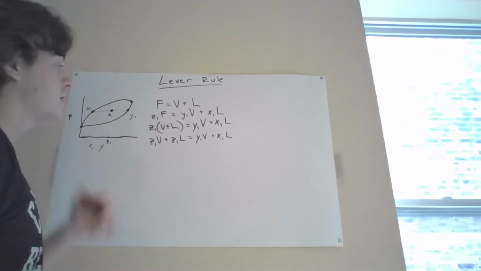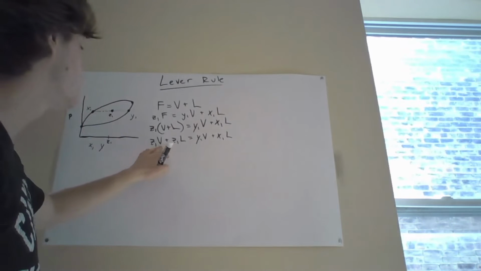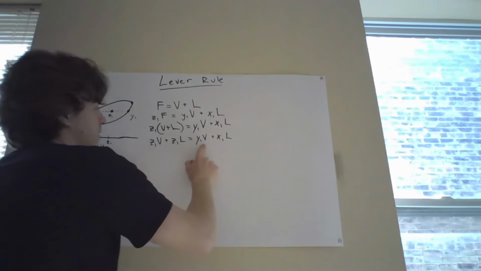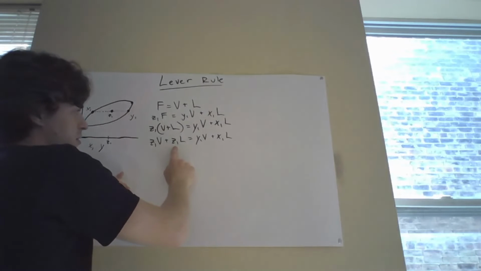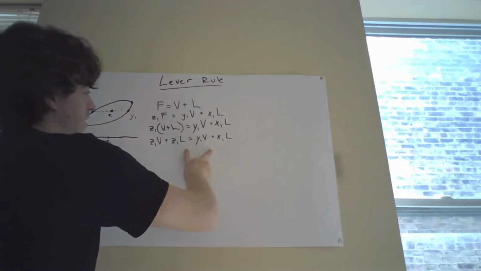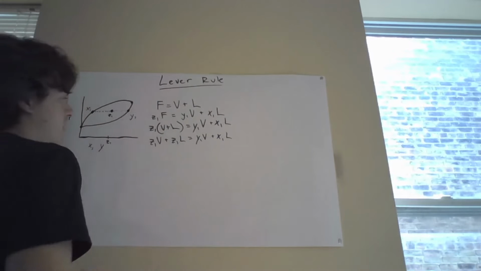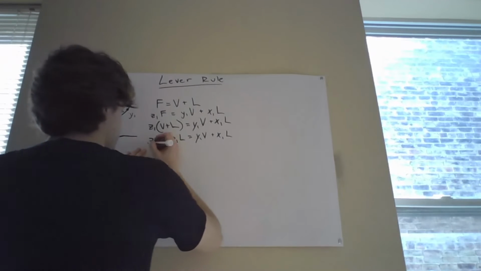So now if we look at this equation, we have a term for the total moles of vapor on both the left and right side of the equation, and the same thing for the total moles of liquid. There's a term on the left and right side of the equation. So I'm going to combine the like terms and then factor out the total moles of vapor and the total moles of liquid.